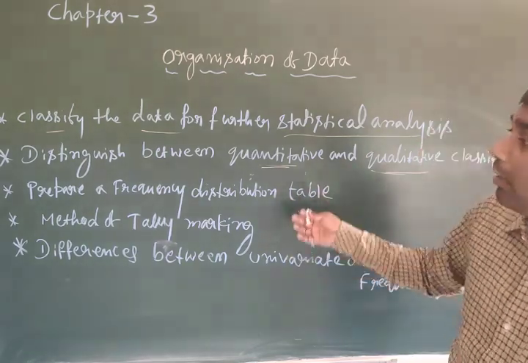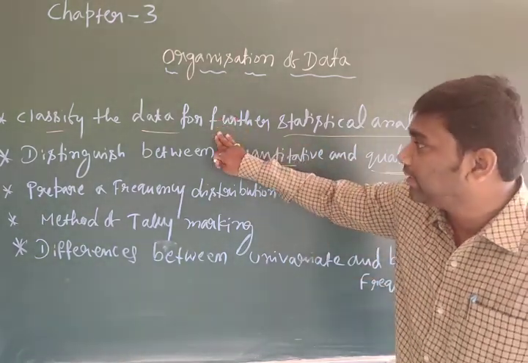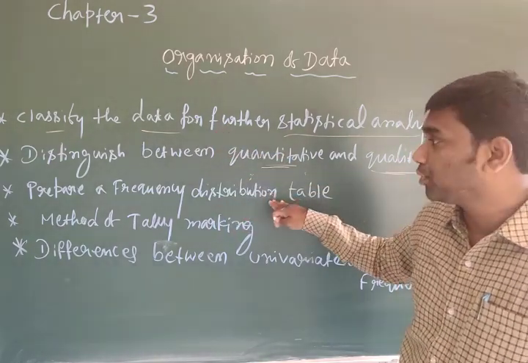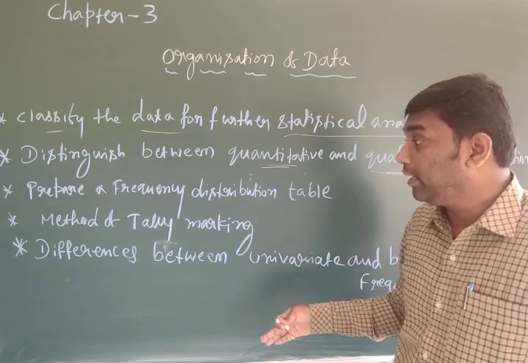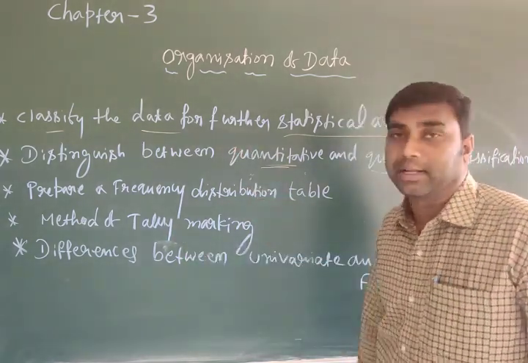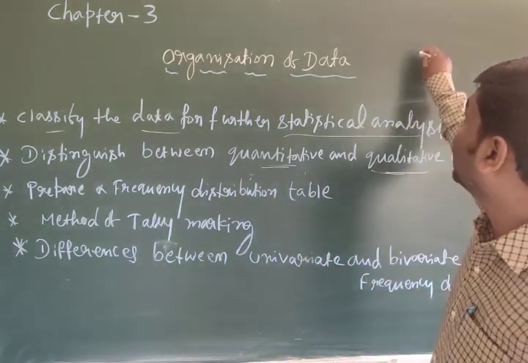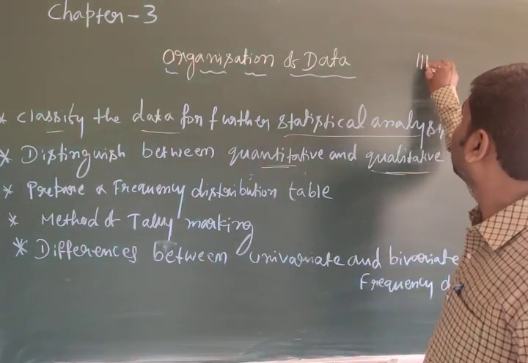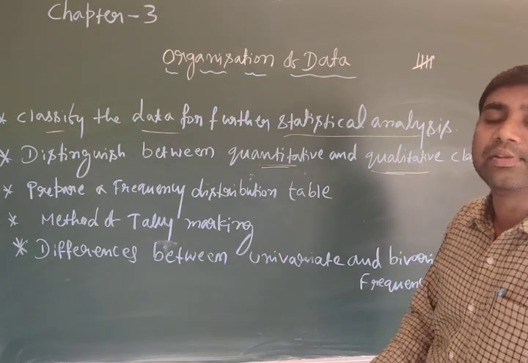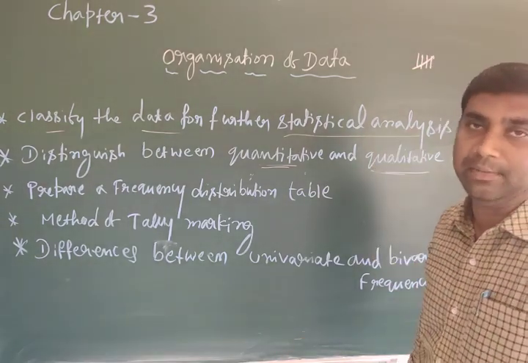And also after collecting the data, after distinguishing, after preparing the frequency distribution, we have to explain with the help of a method, that is tally marking. Tally marking comes like this only. It is also very important and very easy.